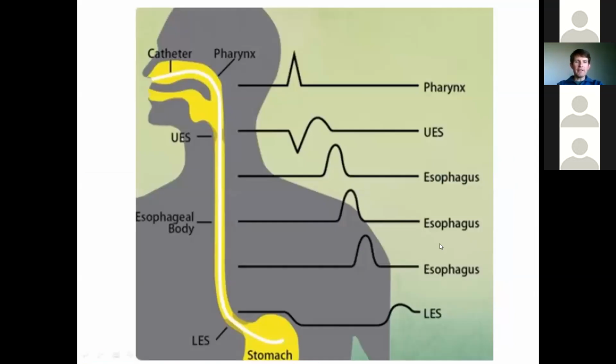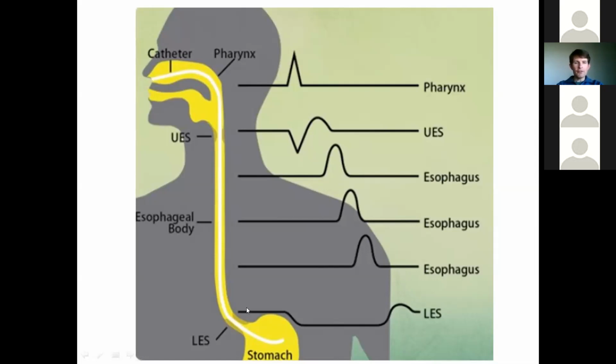The information that's gathered, I just want to give, this is a cartoon version, but the basic pattern of a swallow that you're going to see is an upward deflection in pressure in the pharynx, coupled with a downward deflection in pressure in the upper esophageal sphincter, and then followed by a series of positive pressure waves down the esophageal body.